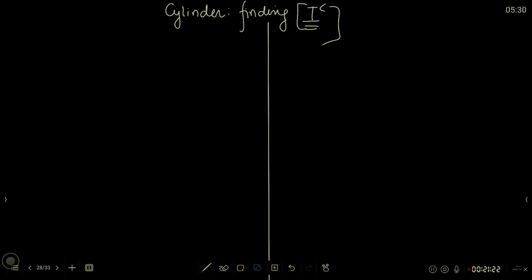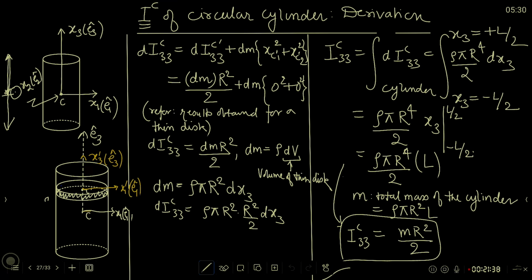Finding IC11 will follow the same approach. The approach is to focus on this thin disk first, write the expression for dIC11. Once you have the expression for dIC11, you go ahead and integrate it over the whole cylinder.